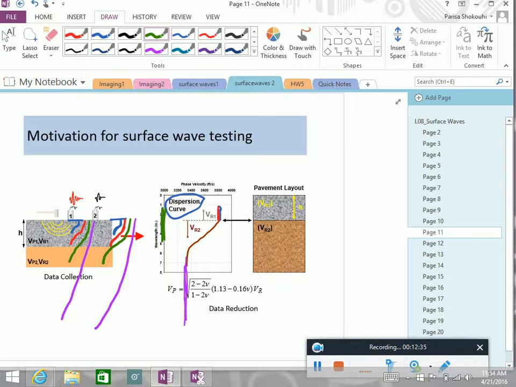In either case, this is called the dispersion curve. And the beauty of surface wave testing is that you are on the surface, but the velocity you are measuring is not only the velocity near the surface. If you use the right frequency, you can get the average velocity for the whole layer.